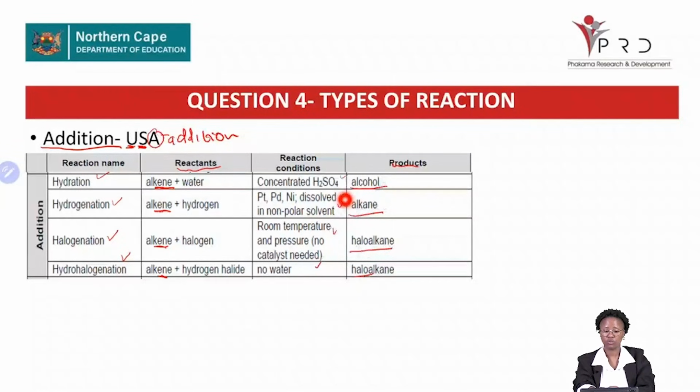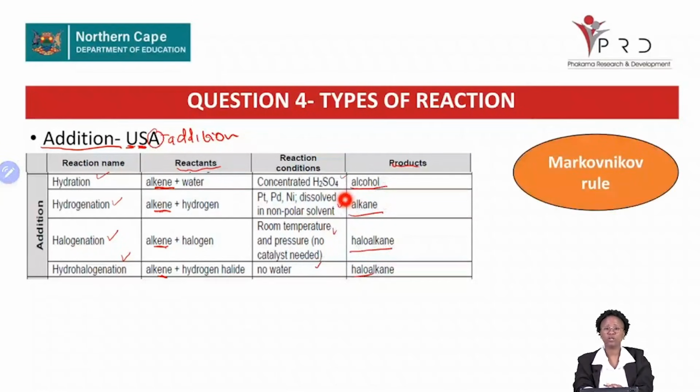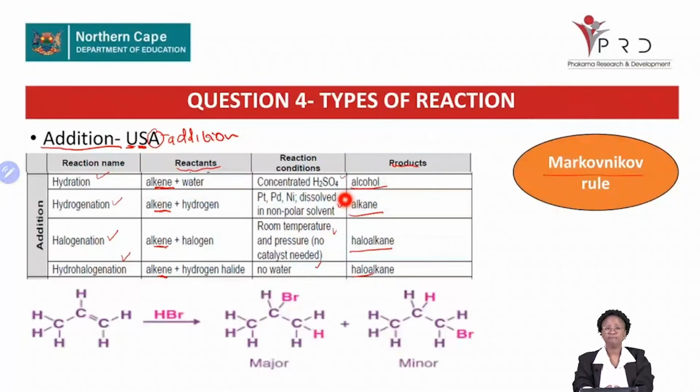And then what you need to do is go study your reaction condition for each reaction. Very much important to do that. Then we are quickly going to say to you, as you do that, please do not forget Markovnikov's rule. Go and revise Markovnikov's rule. Remember, it indicates that where it was a double bond, let's take this example of hydrohalogenation, where we have an alkene reacting with hydrogen bromide to form two products.